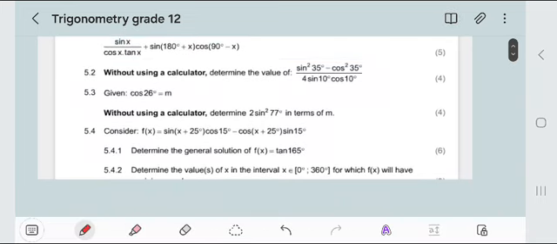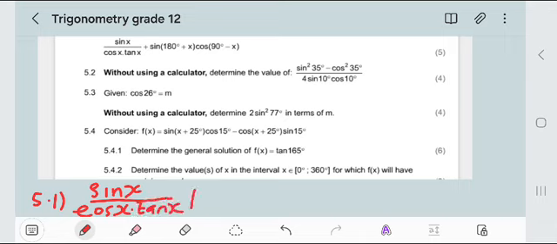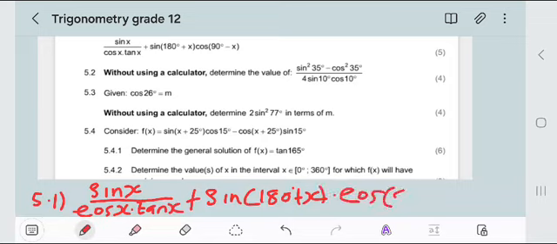What are we given there? We're given 5.1: sine x over cos x multiplied by tan x, plus sine of 180 degrees plus x multiplied by cos of 90 degrees minus x.